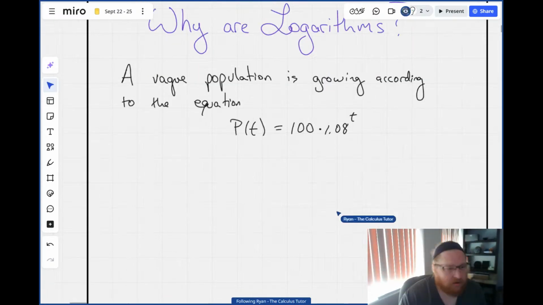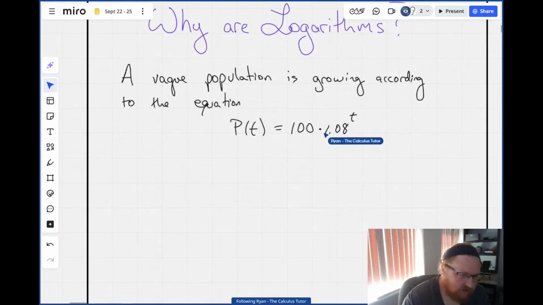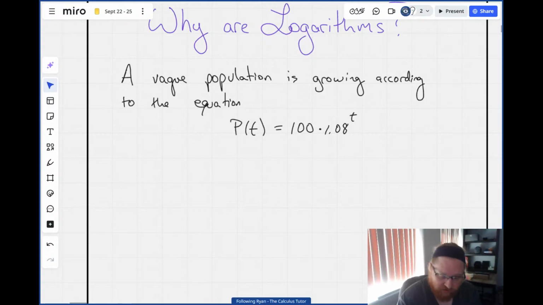Okay. We're not going to address where this equation comes from. I made it up. But it is roughly the shape of an equation that could model a population that is experiencing literal, not the way it's commonly used, but literal exponential growth, which is a thing that populations can experience in the right circumstances. Okay, a vague population is growing according to this equation.